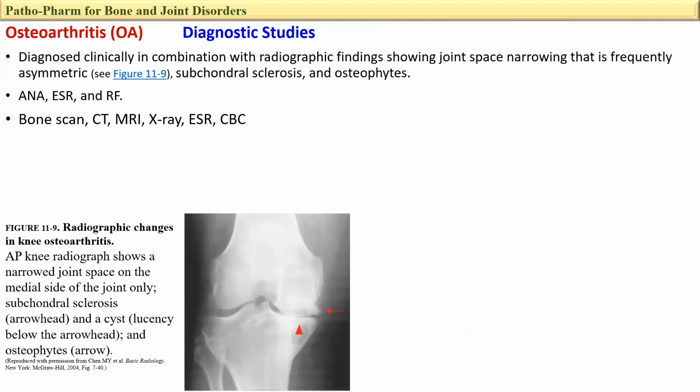Diagnostic studies for osteoarthritis include ENA, ESR, and RF, which is rheumatoid factor, and ESR, which is erythrocyte sedimentation rate, and antinuclear antibody.